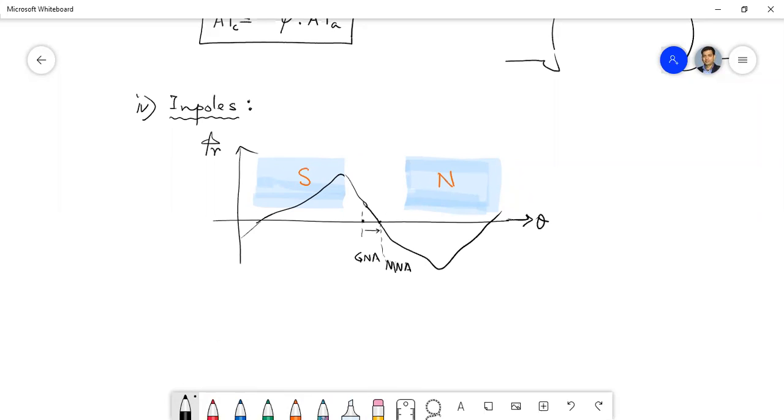Correct. So if you can add some negative flux there, of the same value, then this value will be reduced to 0 at that point, like this. So we can get the neutral again located at its old position, that is the GNA position. So that is the solution.